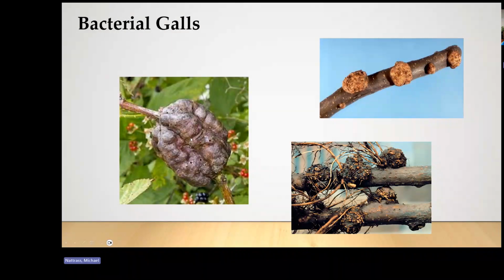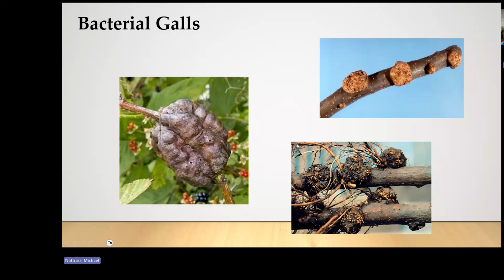All right, so here's a look at our bacterial galls. We saw this one earlier. Here are some galls on our roots. And so you can see that there are not a lot of root hairs on this. These are the main root tissues, but that brown, that sort of golden, that's not what they should look like. They should probably be more white and soft, but these are not.